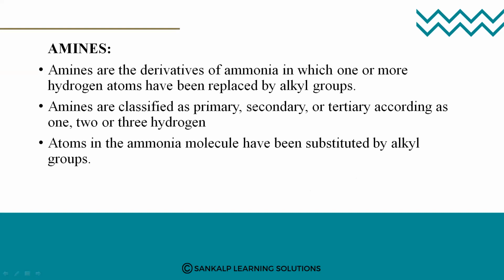What is a primary amine? In this, only one hydrogen atom of ammonia is replaced by an alkyl or an aryl group. Out of NH3, only one hydrogen atom is replaced, giving NH2.